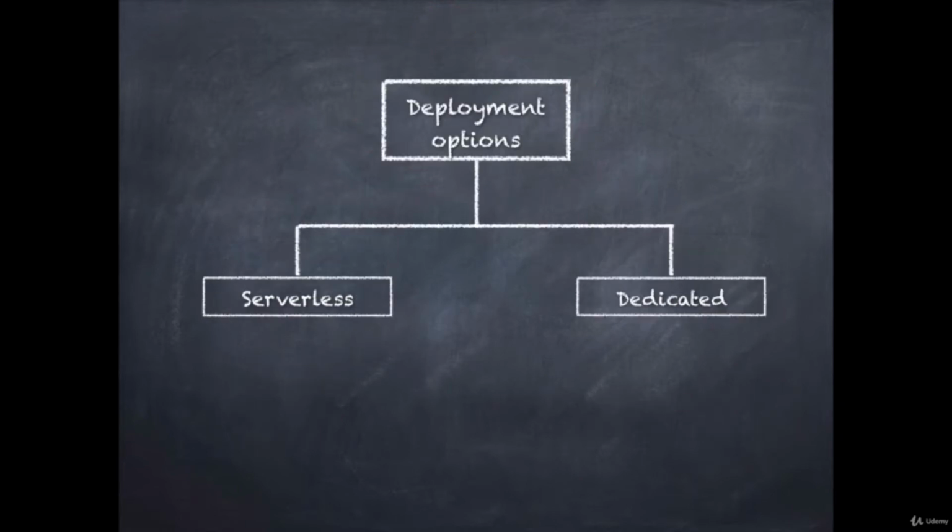There are two options for deploying an autonomous database. First of all, we have the serverless deployment, which is the one that we will be using in this course to do the practical exercises. In a serverless deployment, multiple users share the same cloud infrastructure resources.